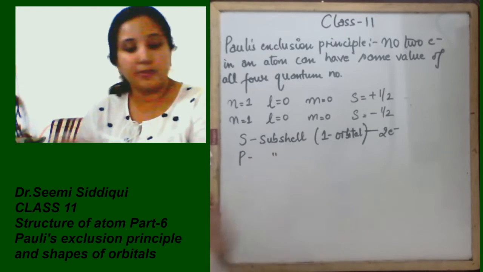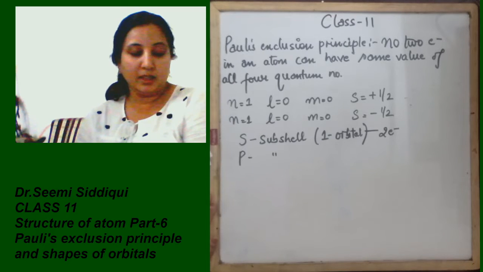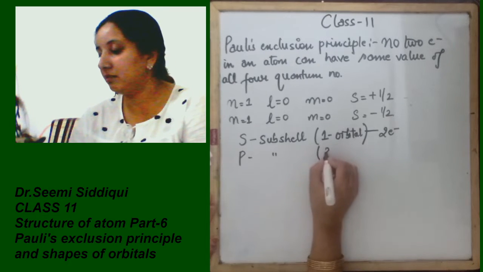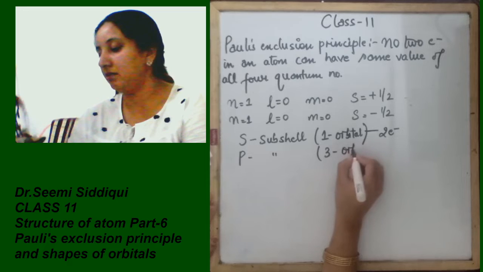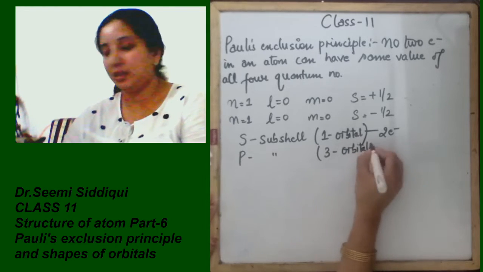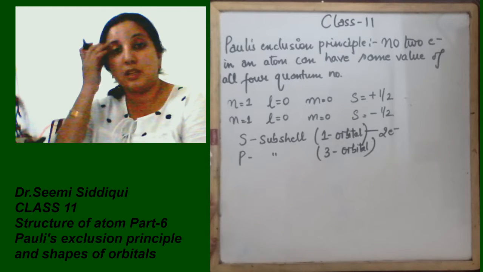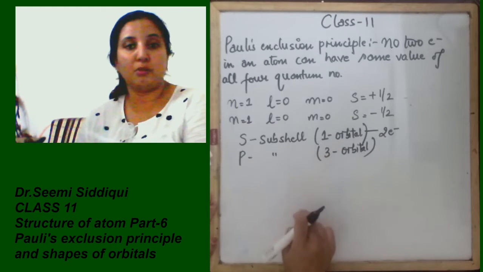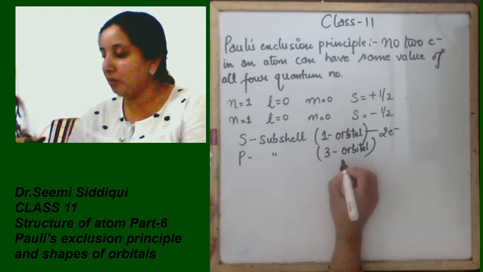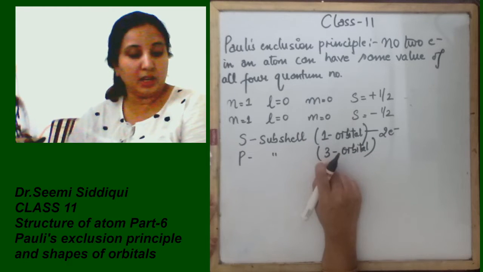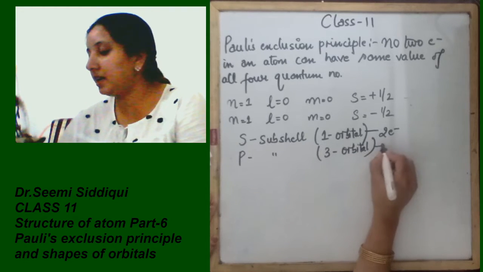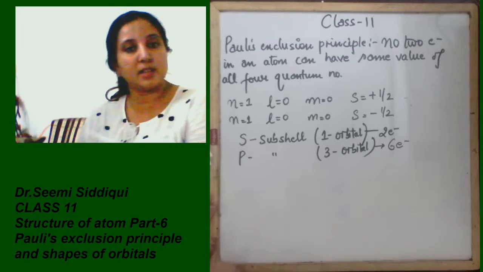Coming to the p subshell, it has three orbitals. This I explained in my previous lecture on quantum numbers, how I am writing the 1 and 3 over here. Now when it has 3 orbitals, we say it can have a maximum of 6 electrons.